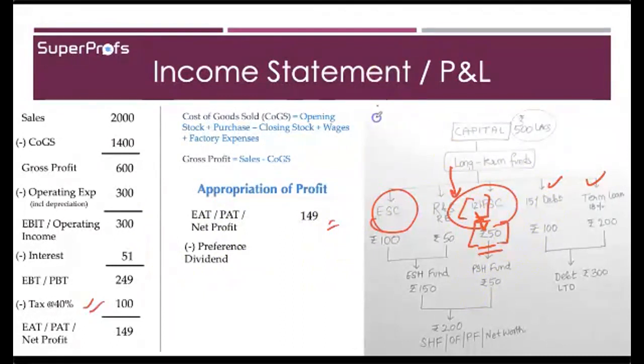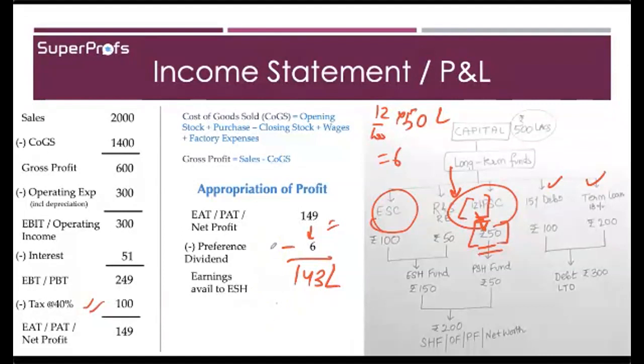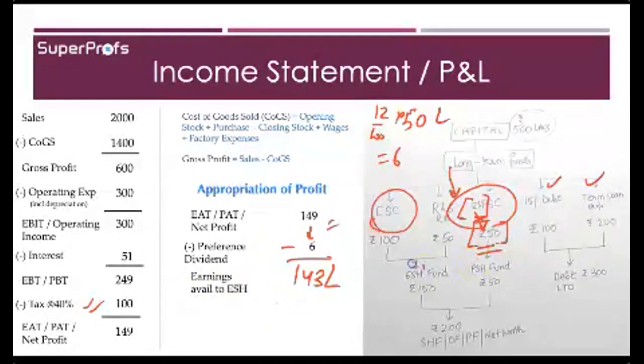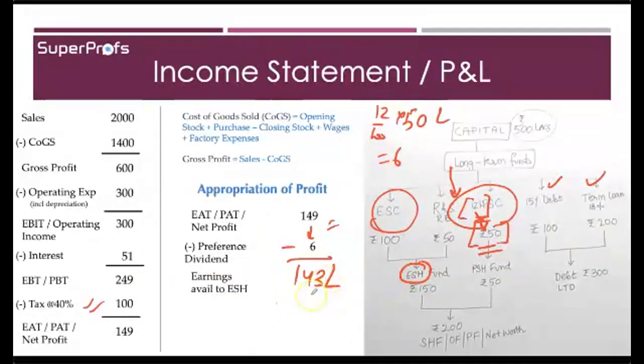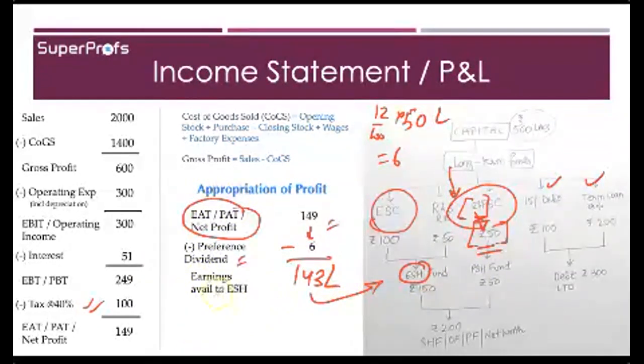So, preference dividend would be 12% of 50 lakh rupees, which is your 6 lakh. Okay, so then you will subtract this and you will get 143 lakh rupees, which is earnings available to equity shareholders. Right, earnings available to equity shareholders is therefore equal to PAT minus preference dividend.